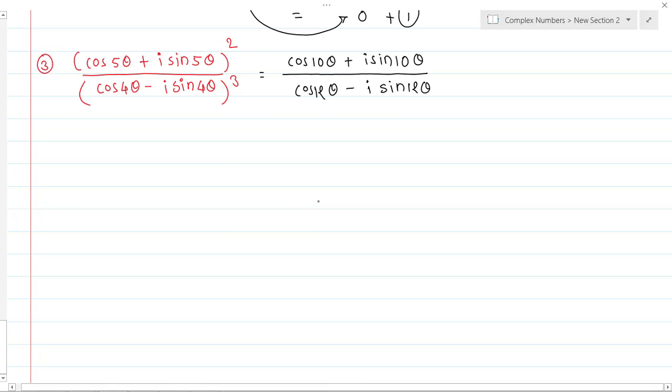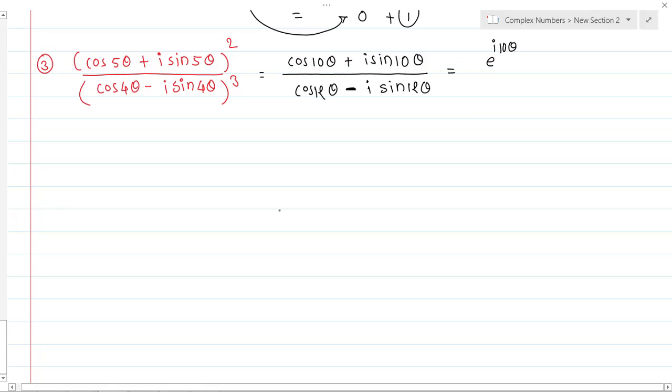Okay. Let's try to represent this numerator in the e raised to form. So it becomes e raised to i 10 theta. But what about this? This has a negative sign.